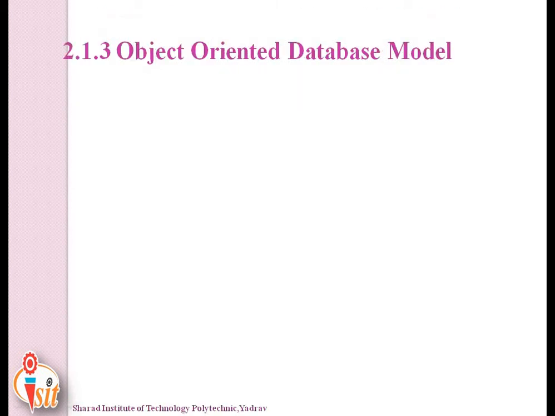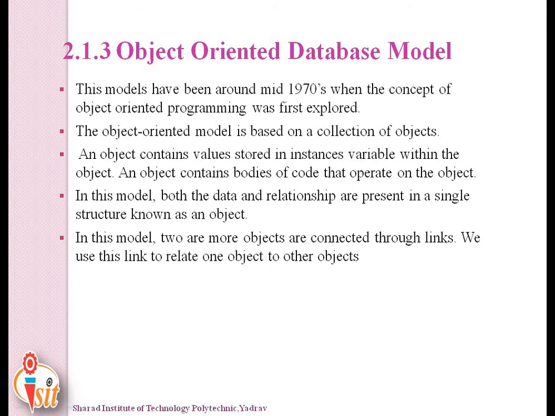And now today's last data model is the object oriented database model. Object oriented database models have been around since the mid 1970s, when the concept of object oriented programming was first explored. It is only in the last 10 or 15 years that companies are utilizing object-oriented database management systems.